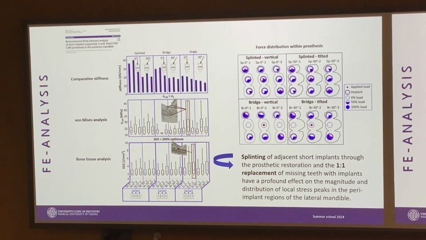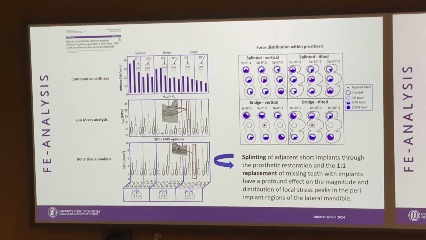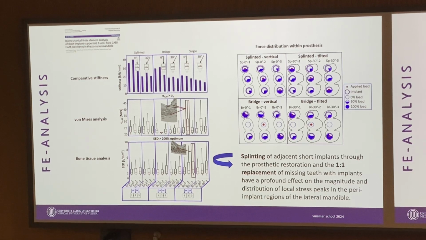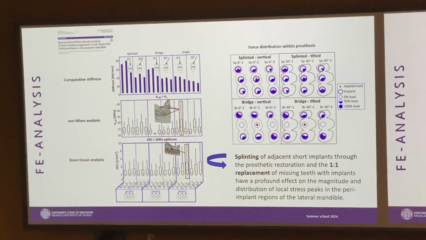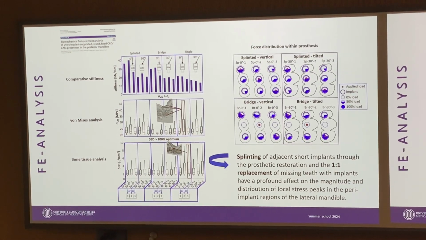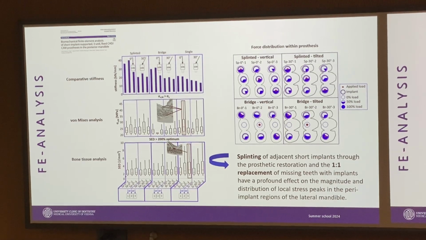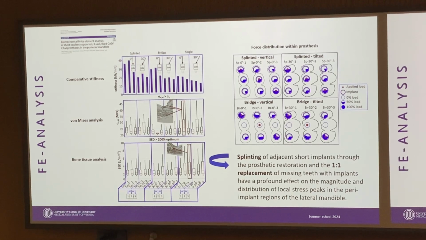Force distribution within the prosthesis was used to illustrate the patterns and relationships between the configurations, and the results of this study are detailed in our second publication, revealing that splinting adjacent short implants through the prosthetic rehabilitation and achieving one-to-one replacement of missing teeth have the most significant impact on the magnitude and distribution of local stress peaks and should be considered in the clinical treatment plan.